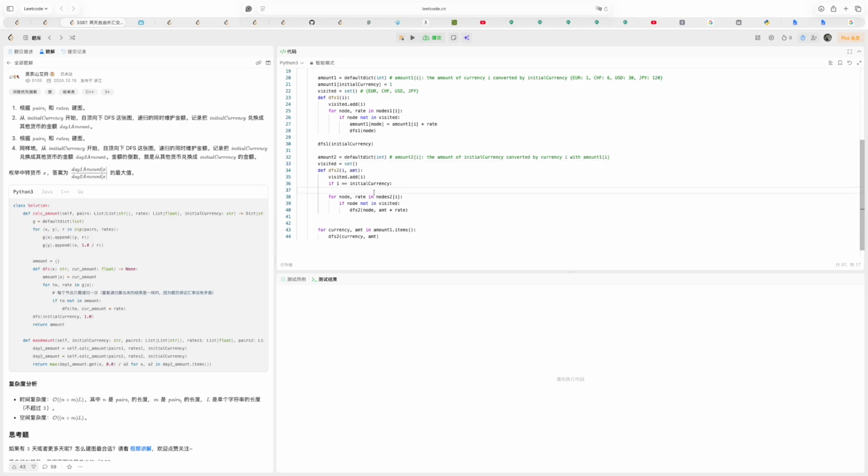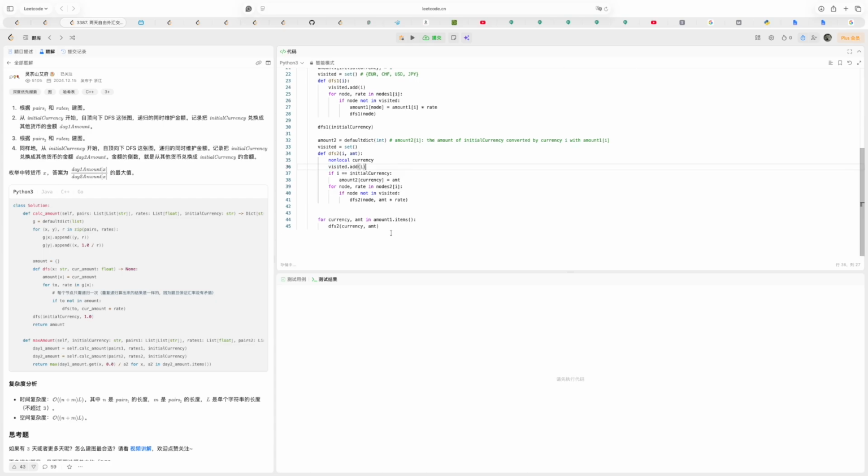You will have start, and we'll have maybe non-local currency, and then we will have amount to currency equals amount, and we will return the maximum of amount 2.